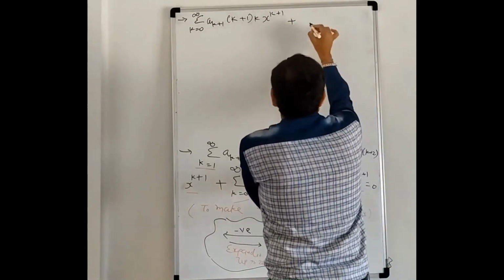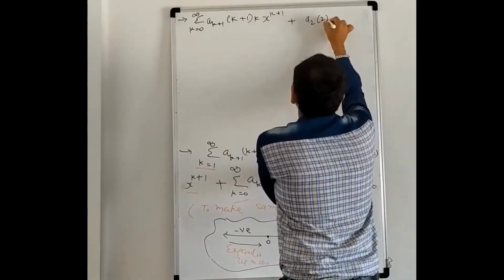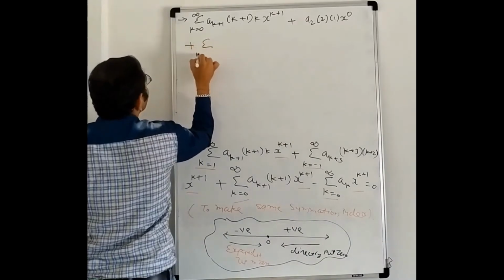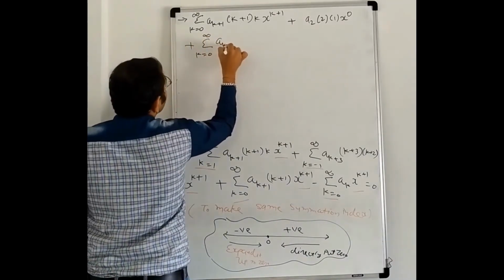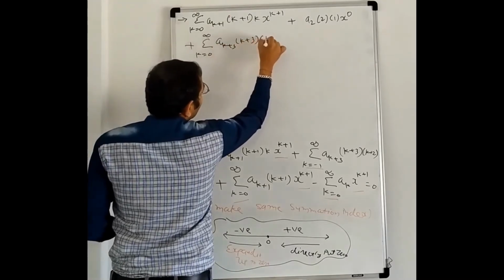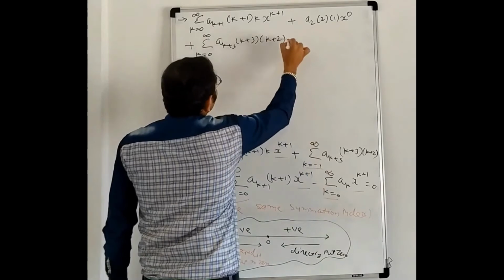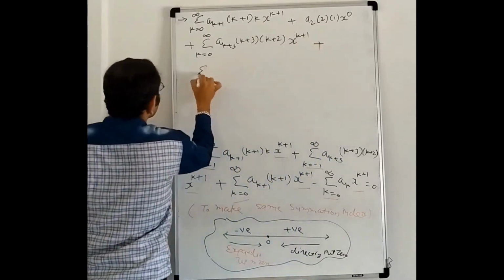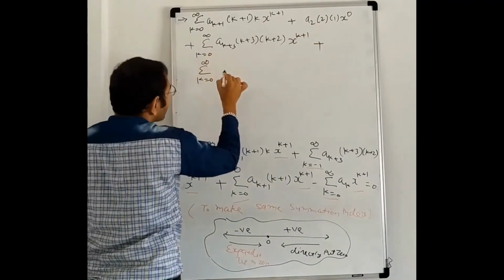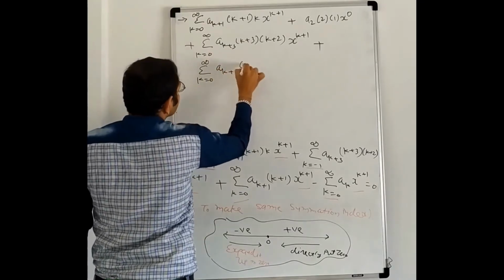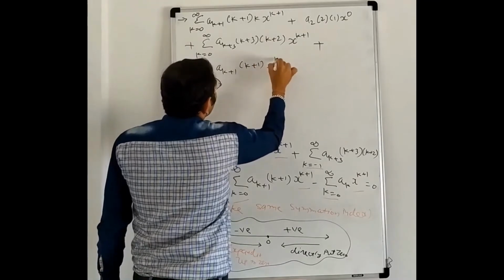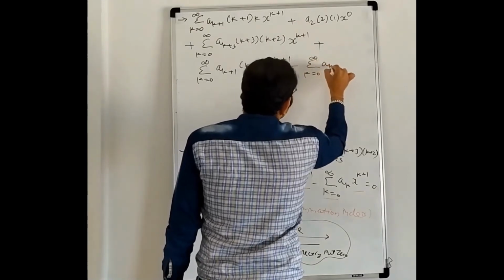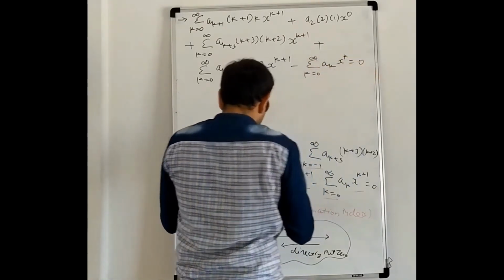Then for a2, 2 into 1 x raised to 0, plus summation k equal to 0 to infinity a_(k+3) (k plus 3)(k plus 2) x raised to k plus 1, plus summation k equal to 0 to infinity a_(k+1)(k plus 1) x raised to k plus 1, minus summation k equal to 0 to infinity a_k x raised to k equal to 0.